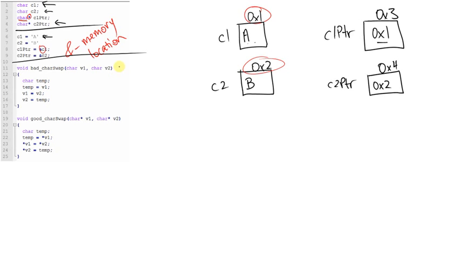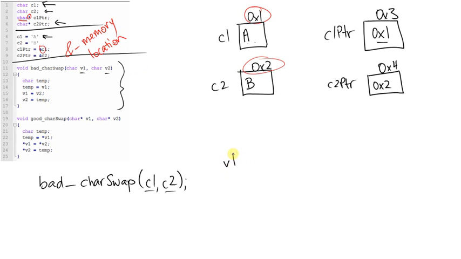So let's analyze bad char swap. The way that we would call this is something like bad char swap, and it takes two characters, so we would give it C1 and C2, and this is what happens in your lab. When you're dealing with functions, one important point to make is that whatever you pass in, in our case C1 and C2, its value always gets copied to the parameter.